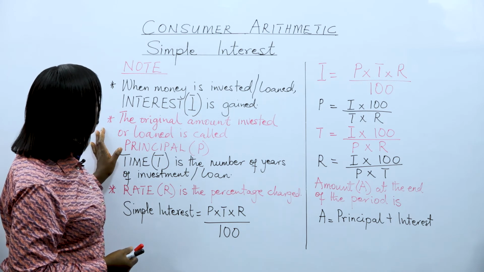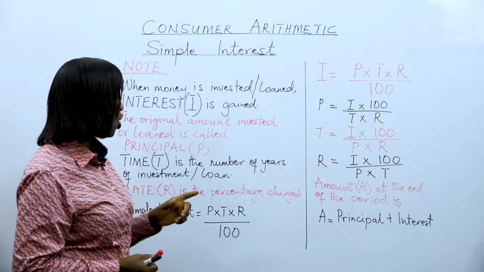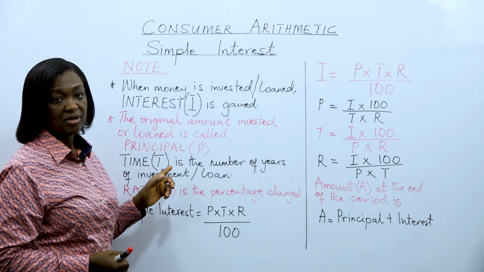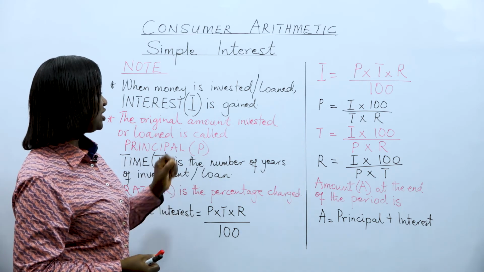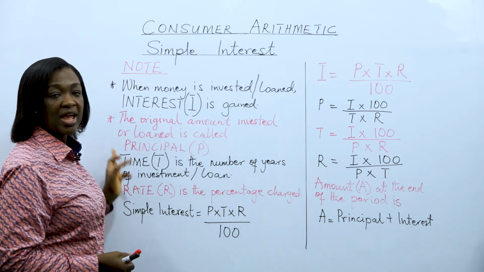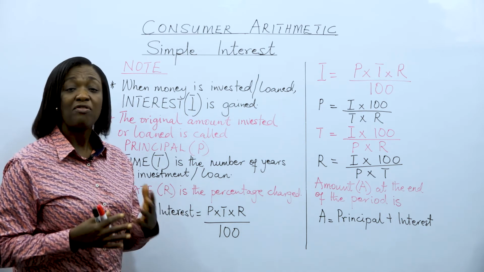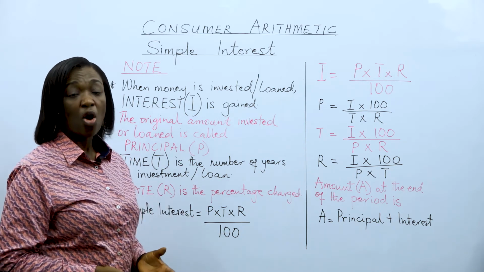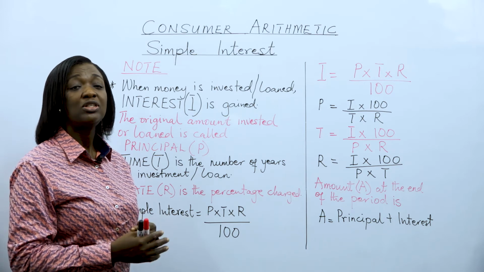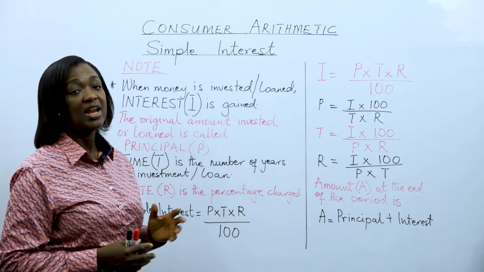The original amount you invested or you borrowed is called the principal. So note that principal is P, interest is I. Then time. Time is the number of years of investment or loan. So that's the number of years you've invested the money or the number of years you need to pay back the loan you have taken, and that is the time.